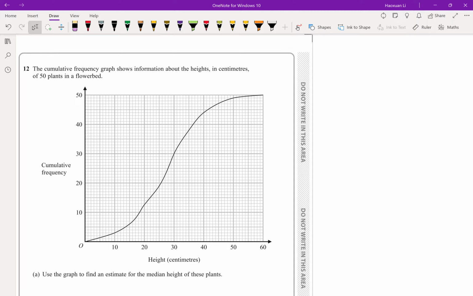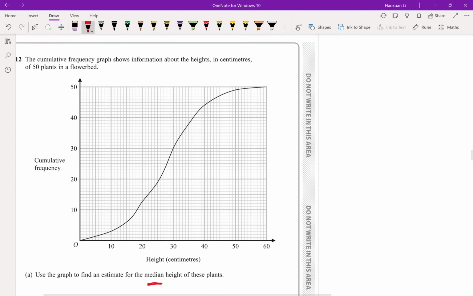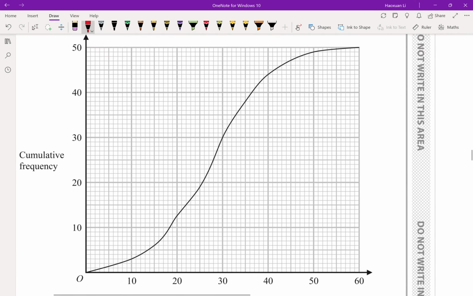Question 12. The cumulative frequency graph shows information about the heights in centimeters of the 50 plants in a flower bed. Use the graph to find an estimate for the median height of these plants. Always remember that the median height will be at half of the cumulative frequency, and you use this information to find the height.